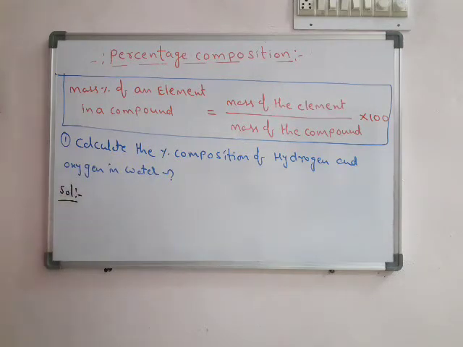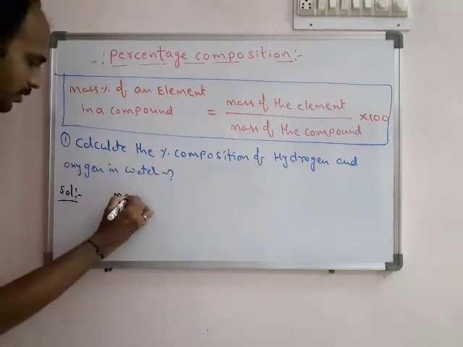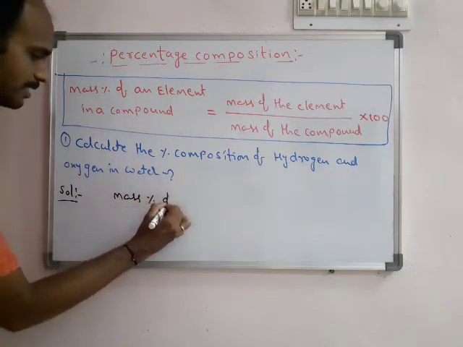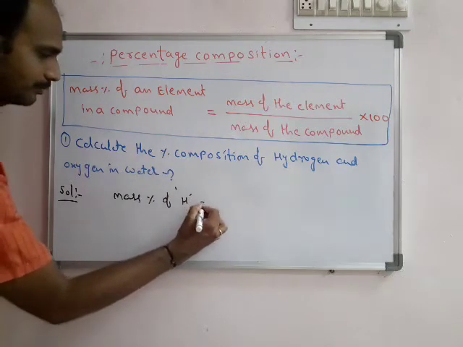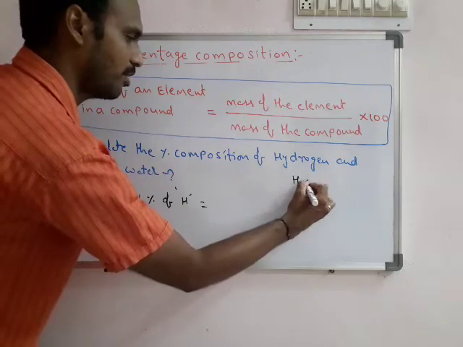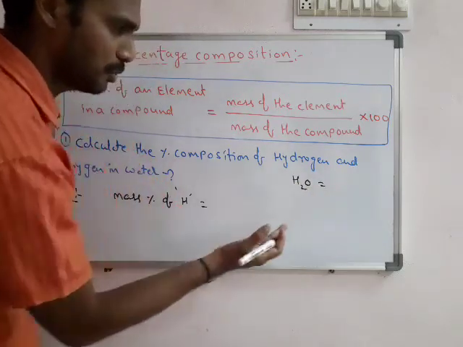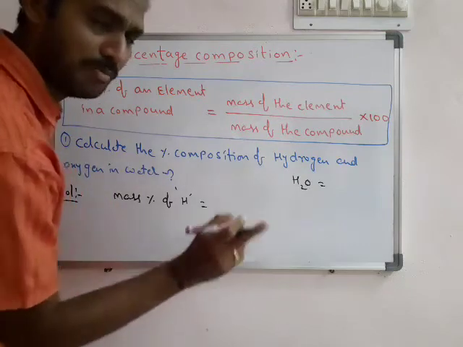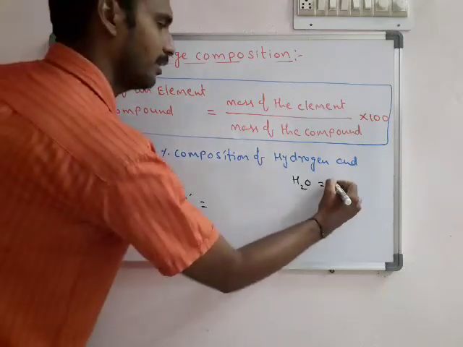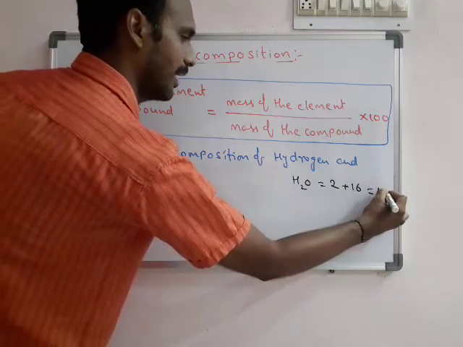First we calculate the percentage composition of hydrogen. We are calculating everything in terms of mass, so we can simply write mass percentage. Mass percentage of hydrogen equals: what is the mass of hydrogen? In the water formula H2O, in H2 what is the total mass? If no specific mass is given, we need to take the molar mass. One hydrogen carries 1, and the total is 18.